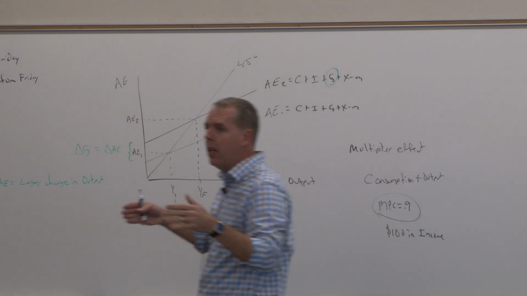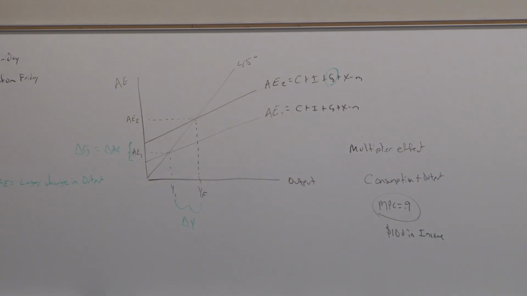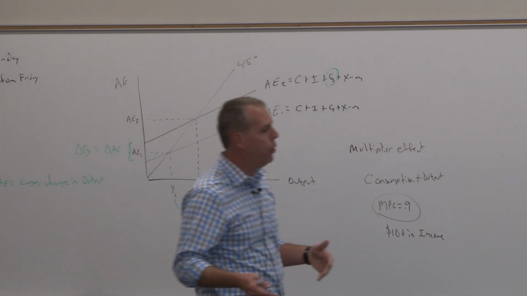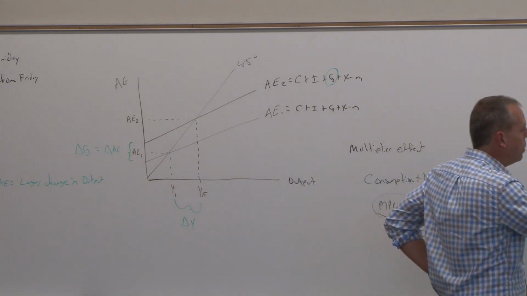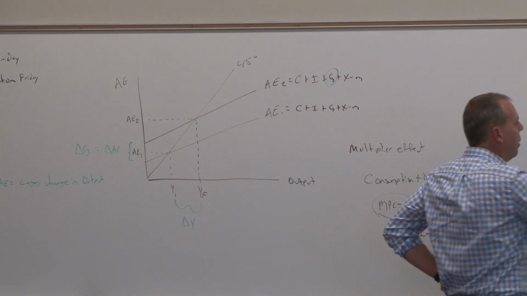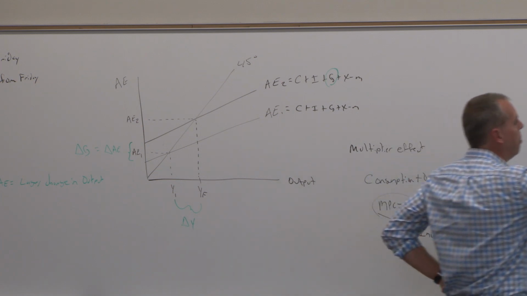So the $90 that they spend on haircuts and movie tickets and food, that's how the barber and the guy that works at the movie theater and the farmer earn income. You're buying their food, their movie tickets, and their haircut. So in essence, their income has gone up by 90.